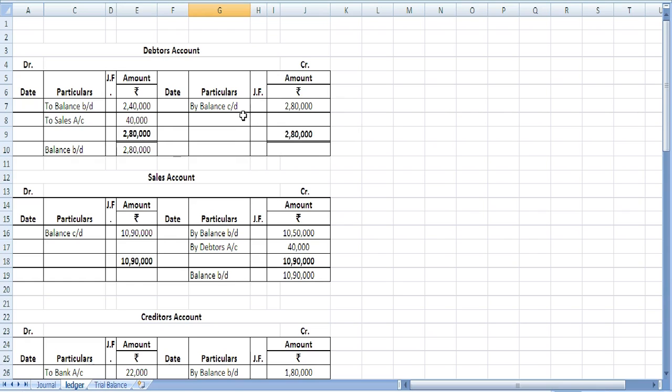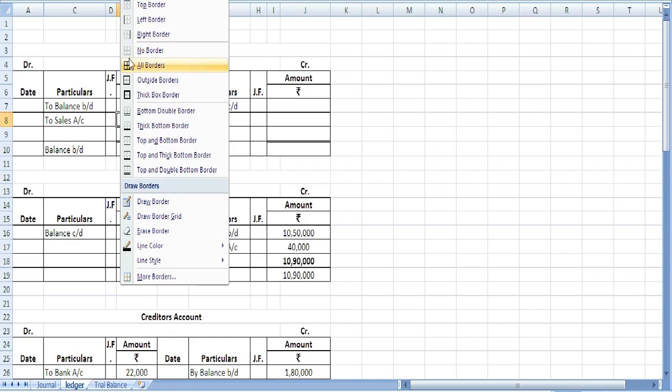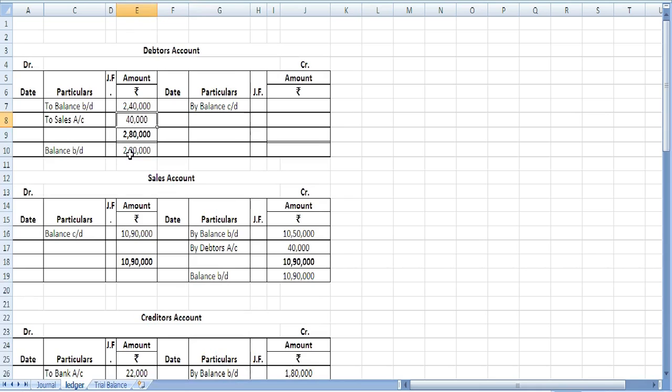Now we have to tally on both the sides. Let us say this side was nothing, and here nothing was on this side. So here we got 2,40,000 and 40,000, which is equal to 2,80,000.